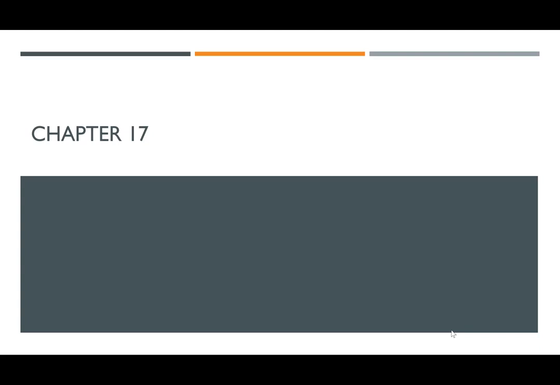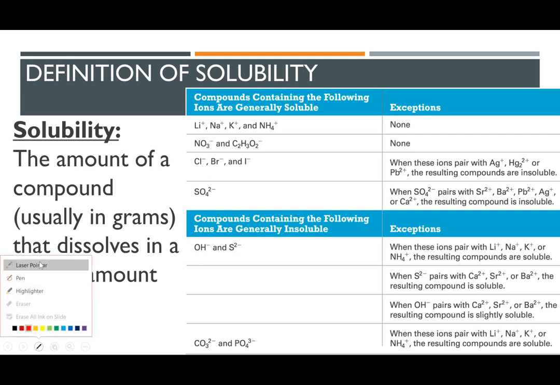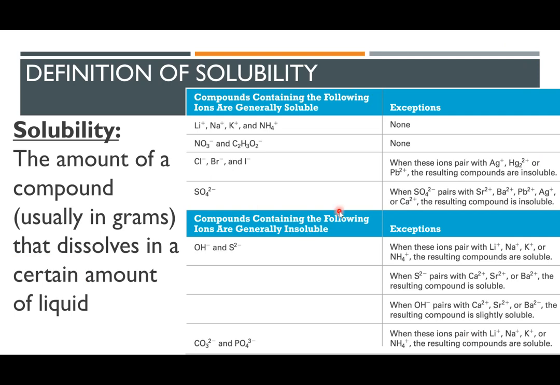Yeah, equilibrium. Okay. So solubility is defined as the amount of a compound, usually in grams, that dissolves in a certain amount of liquid. And this table right here is a table that we gave you in General Chemistry 1 that says, okay, determine if it's soluble or insoluble.